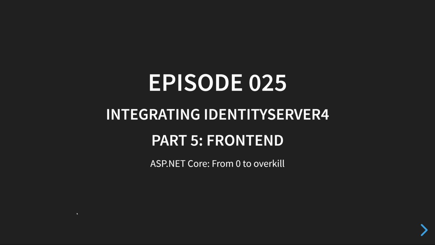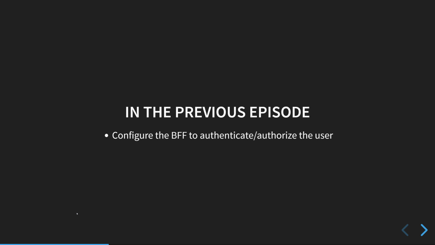In this episode, the final in this sub-series about identity server integration, we'll take a look at the adaptation of the front end to handle all of this authentication logic and knowing about the user. In the previous episode, we configured the backend for front end to authenticate and authorize the users.